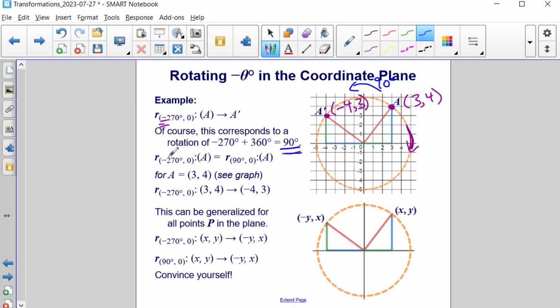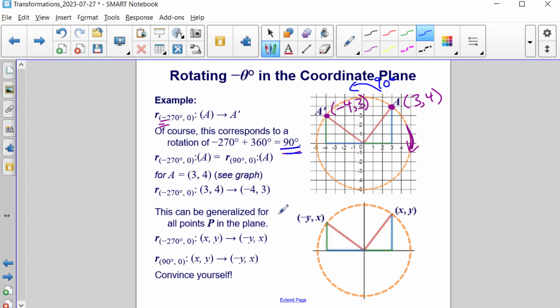So therefore, a rotation of -270 degrees about the origin, meaning -270 degrees clockwise about the origin of A, is equal to a rotation of 90 degrees about the origin of A. In other words, it's 90 degrees counterclockwise about the origin of A. And for our point A being 3, 4, we can see that this leads to -4, 3.